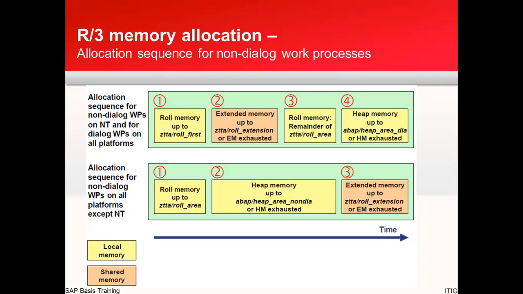Next is R3 memory allocation for non-dialog work processes. This is the allocation sequence for non-dialog work processes on NT and dialog work processes on all platforms. This is the sequence basically. And this is the allocation sequence for non-dialog work processes on all platforms except NT.